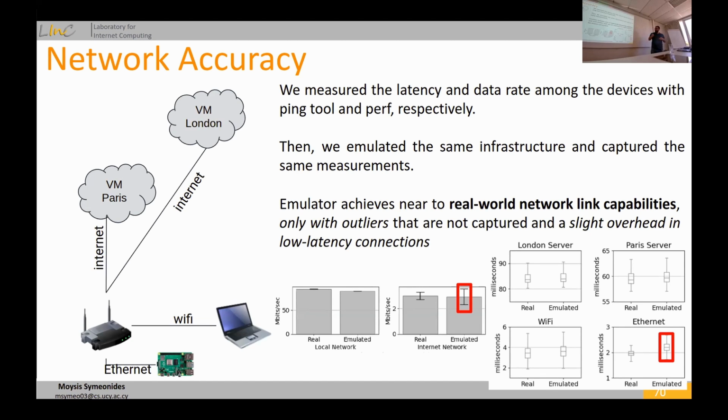We took metrics for every connection in this infrastructure, and we replicated the same infrastructure in our framework and took the same metrics. So according to the network QoS, Fogify does not only capture some outliers and has a small overhead at low latency connections.